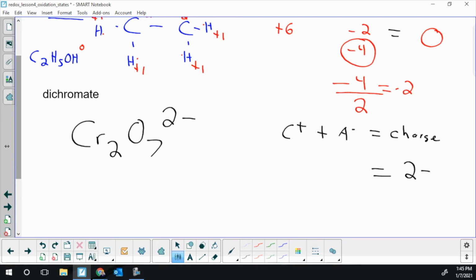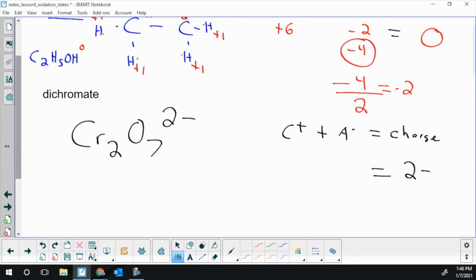Okay, so we're going to have a little bit of integers to sort of play with. First step is go to your table and write out any oxidation states that table tells us. Okay. And we don't have any monoatomic ions. We've got 9 different atoms in this ion, so it's not a monoatomic ion.